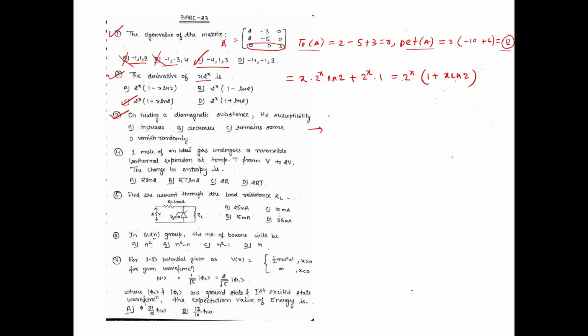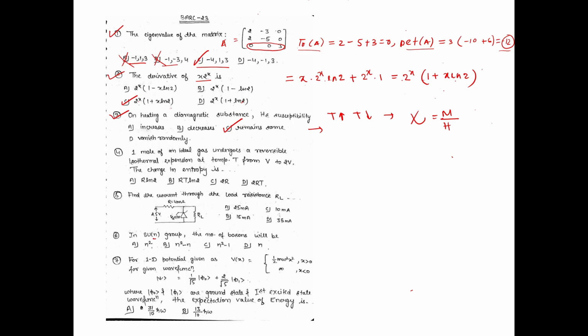That's why if we increase or decrease the temperature, it does not affect the magnetization of that material. Now susceptibility is basically the ratio of magnetization divided by the applied magnetic field. So there is no change in the susceptibility during the heating of this type of magnetic substance, so it will remain the same.